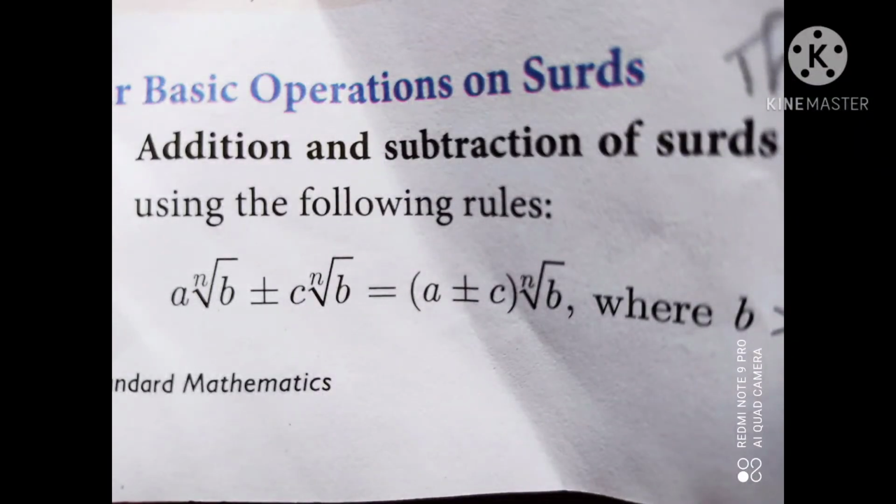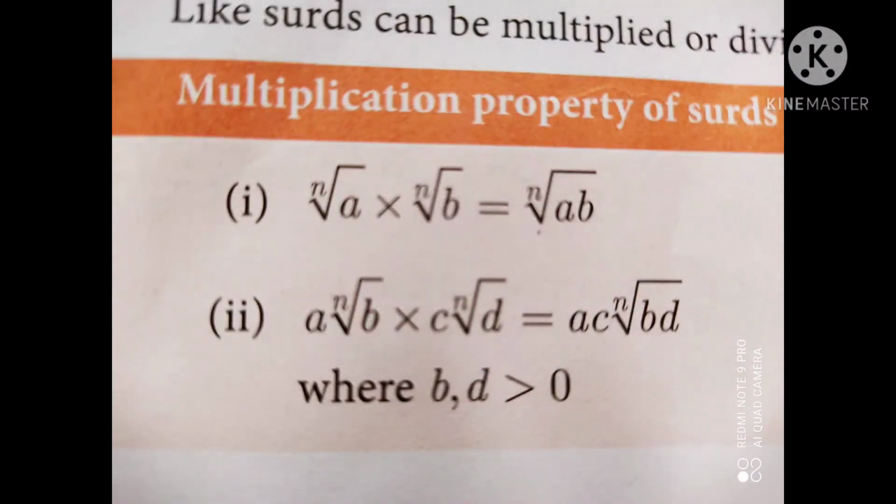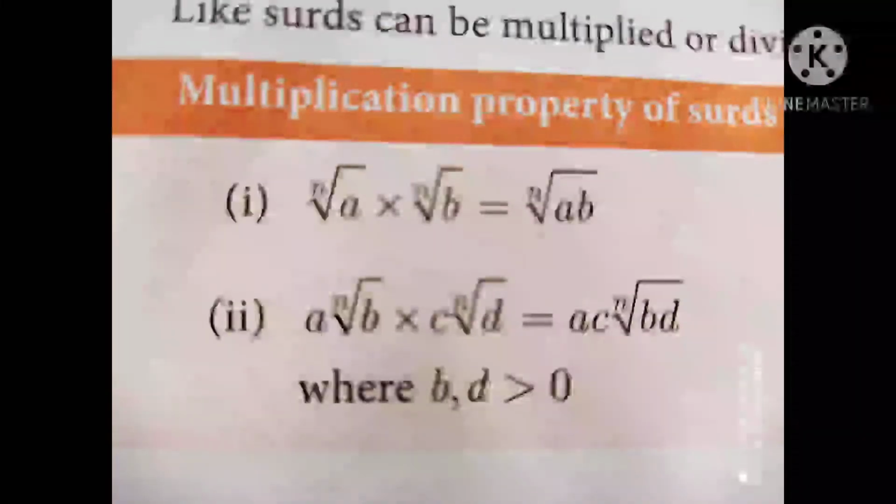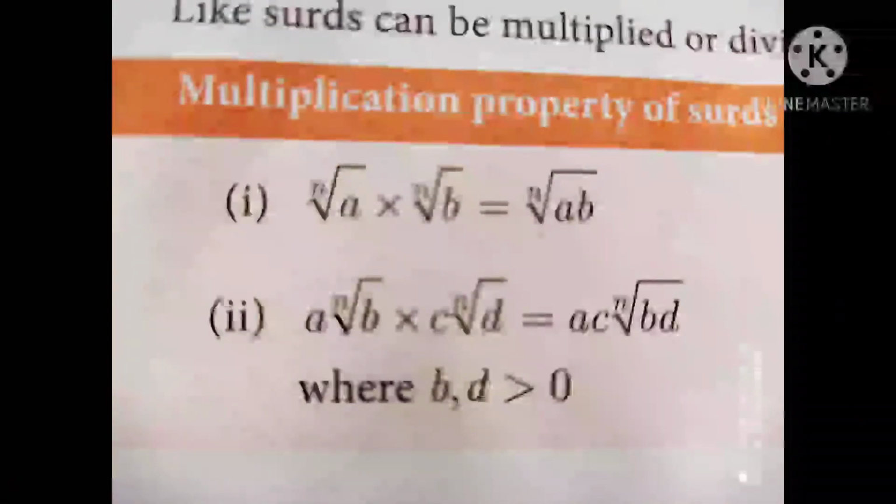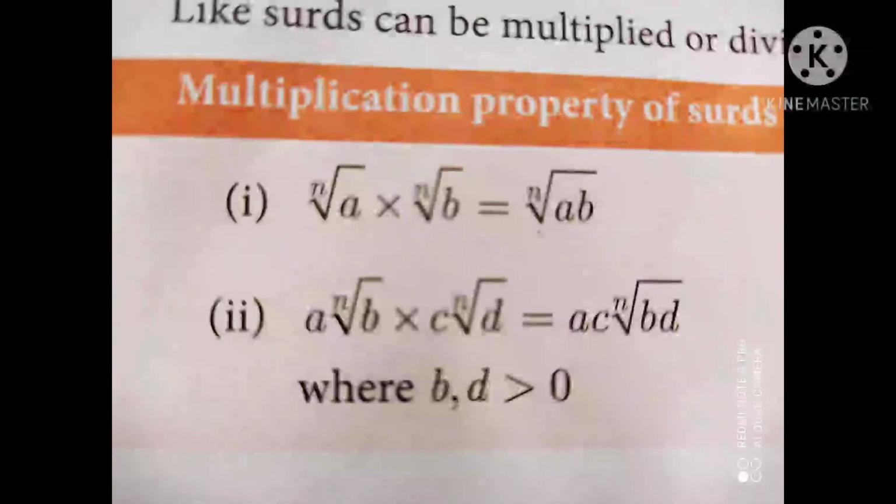Next we see multiplication and division of surds. Multiplication property of surds: nth root a into nth root b is equal to nth root of ab, because the orders are same. So we can write nth root of a into b. Root inside, we find the product of the terms a and b.